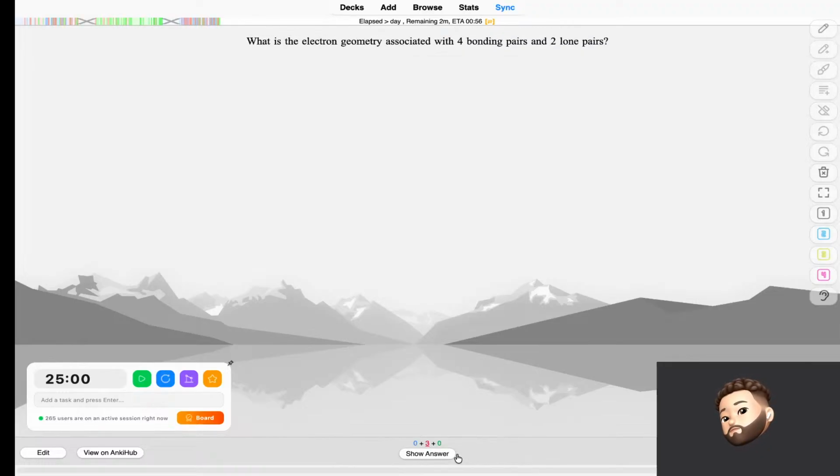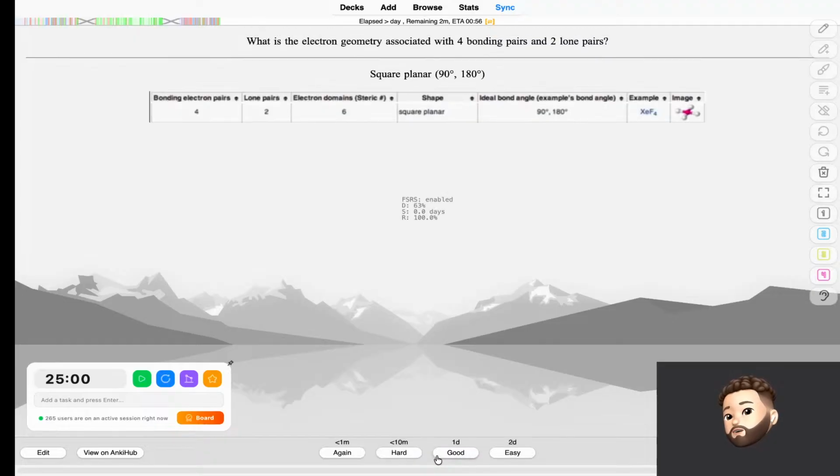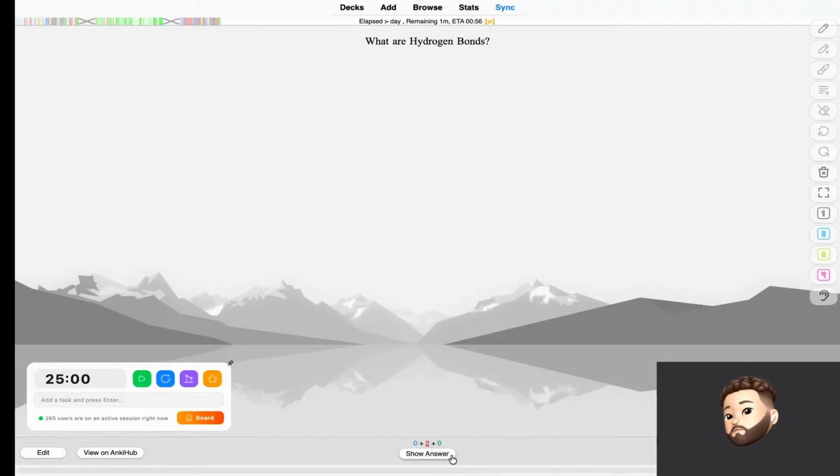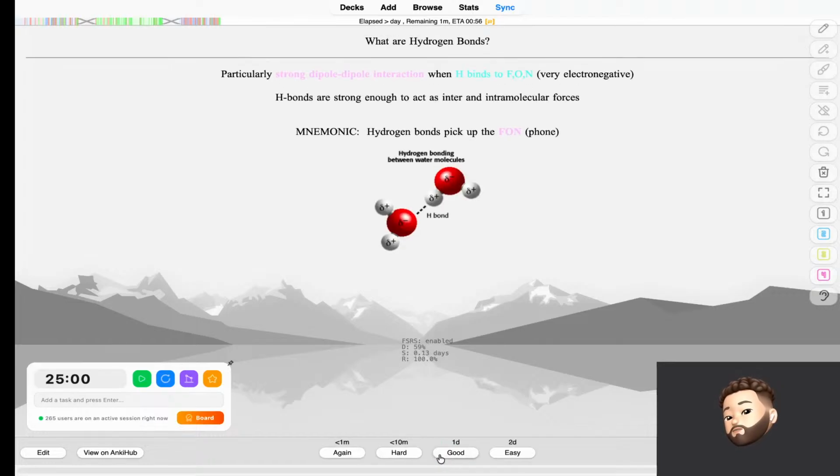Octahedral. Associated with four and two: square planar is 90 and 180. What are hydrogen bonds? Strong electrostatic interactions or intermolecular forces resulting from hydrogen binding with nitrogen, oxygen, or fluorine.